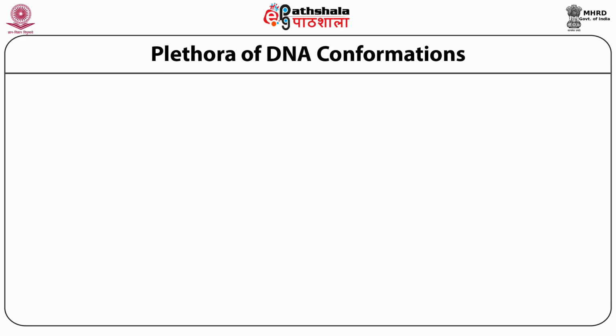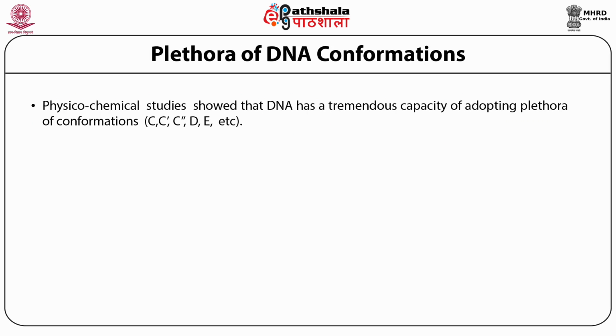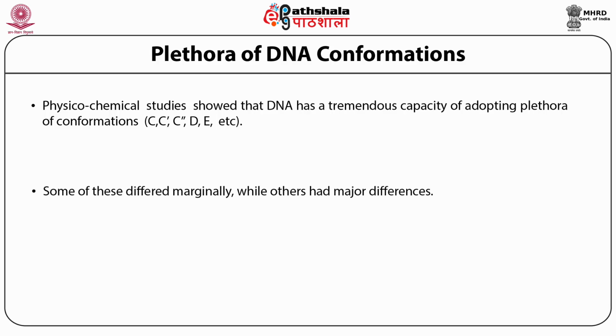A plethora of DNA conformations became available through these studies. Physicochemical studies showed that DNA has a tremendous capacity of adopting a plethora of conformations. It can have C, C dash, C2 dash, D, E, and so on. Some of these structures differed marginally, while others had major differences.